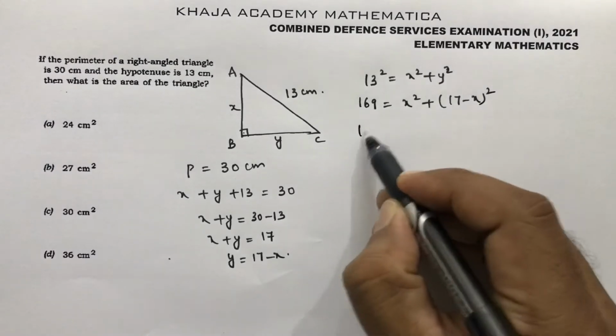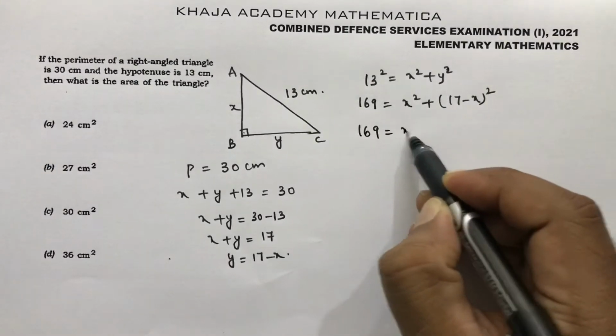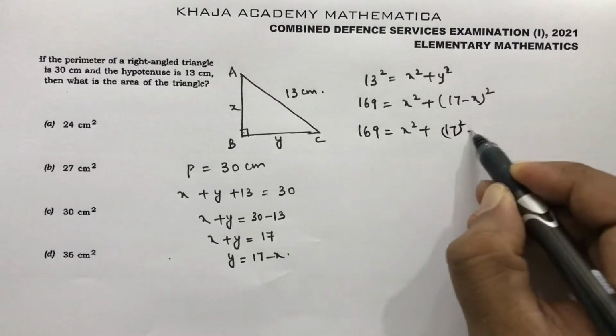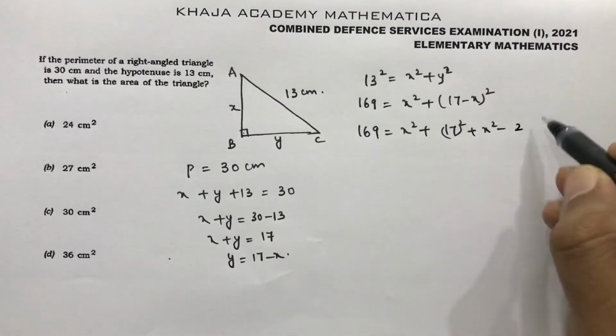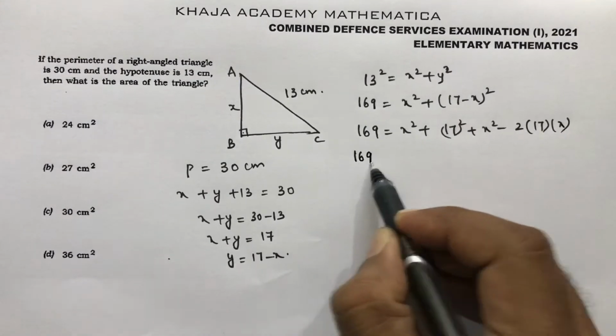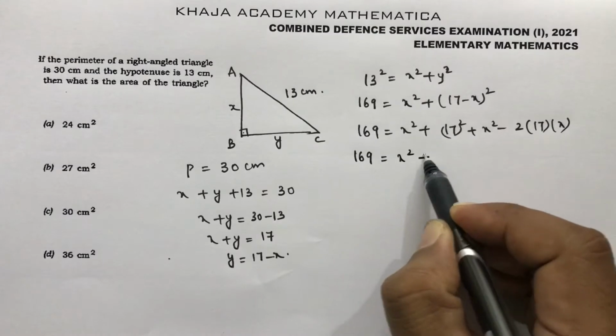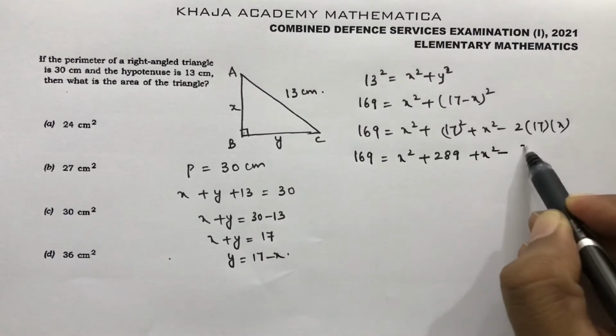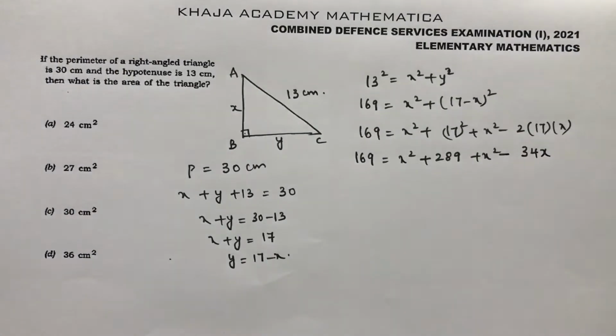x whole squared. 169 equals x squared plus (17 minus x) squared, using (a minus b) squared equals a squared plus b squared minus 2ab. So 169 equals x squared plus 17 squared, which is 289, plus x squared minus 34x.